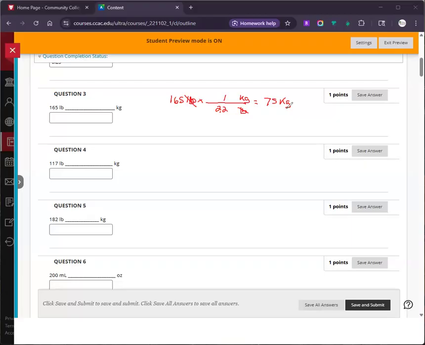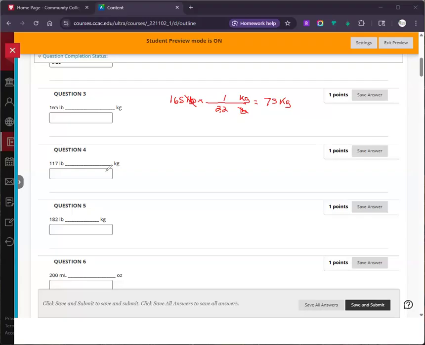So when we go from pounds to kilograms, we divide by 2.2. When we go from height in inches to centimeters, we multiply by 2.54, or whatever it happens to be. So the number gets bigger, and it makes it seem like you're taller and skinnier when you go to the metric system. Okay, just another helpful way.